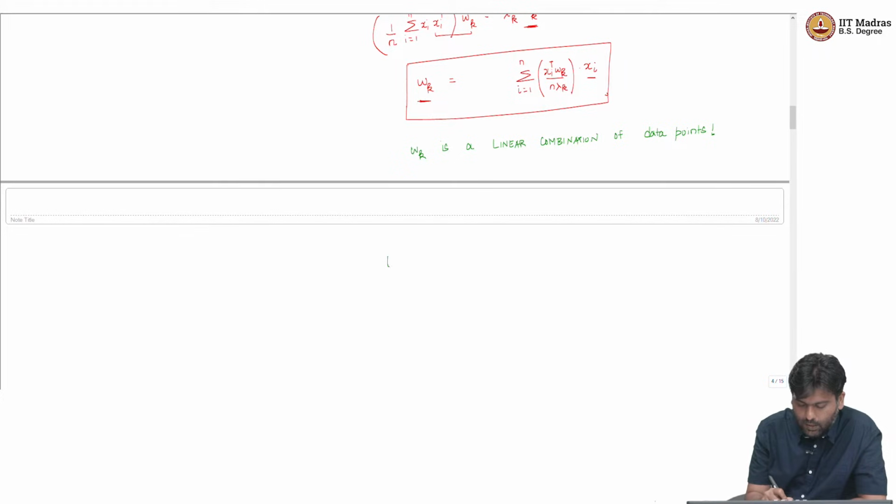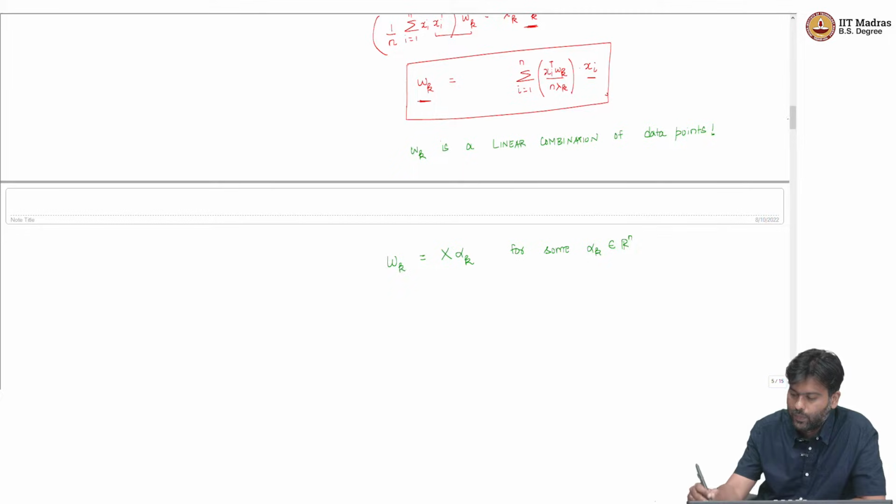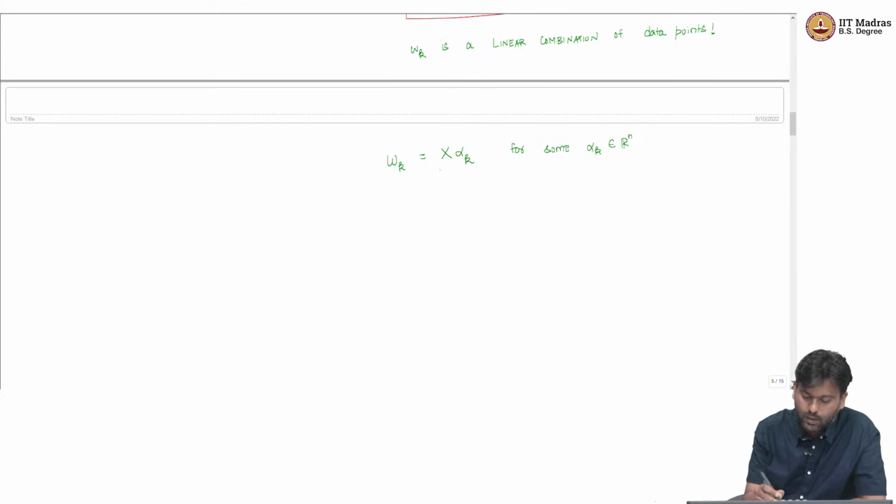That means that we can say our wk equals our matrix X, which is, remember, the matrix of the data points stacked in columns, multiplied by some alpha k for some alpha k in Rn. Now, what does this mean? Remember, the matrix X is like this, x1 to xn.